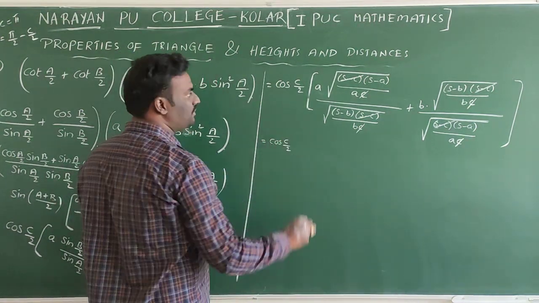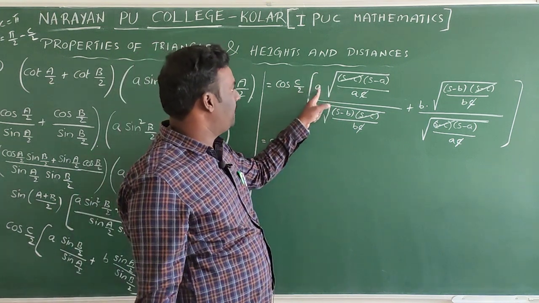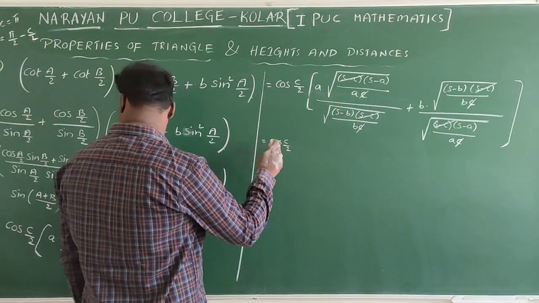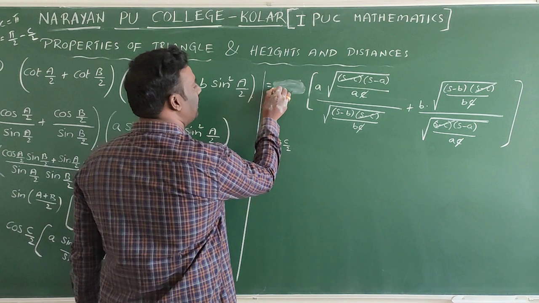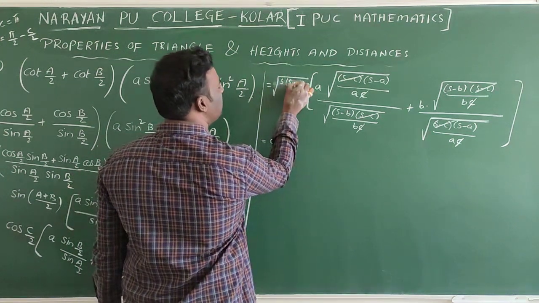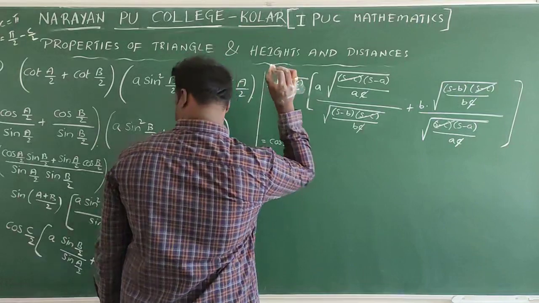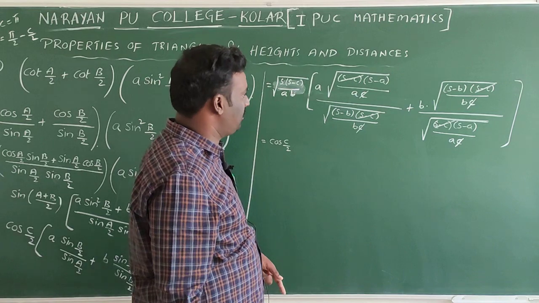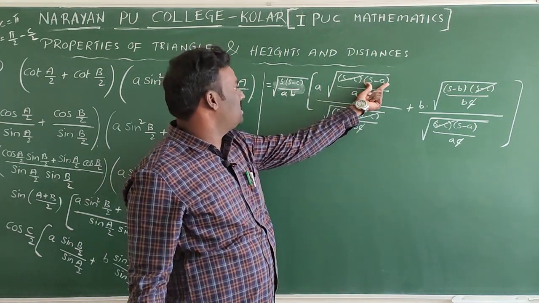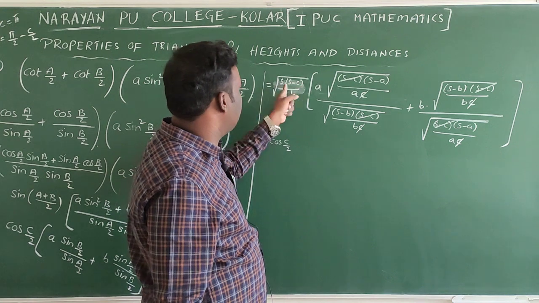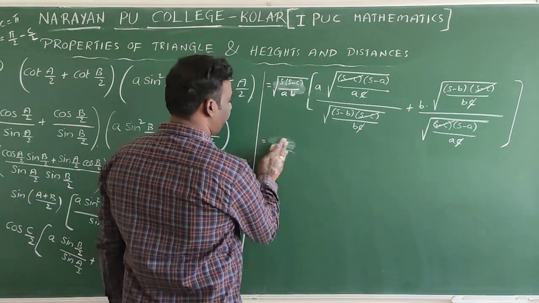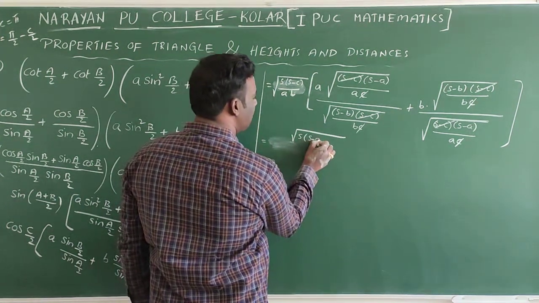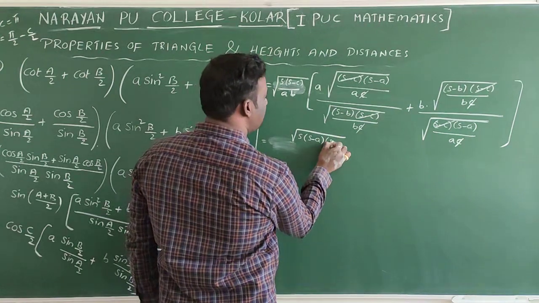Now listen, what is remaining? Cos C by 2. We have the formula for cos C by 2 also, so in place of cos C by 2, I can write under root of s into s minus c by ab. Here if you do the simplification, what you will get? S minus a, s minus c, s, you will get under root of s into s minus a into s minus c.